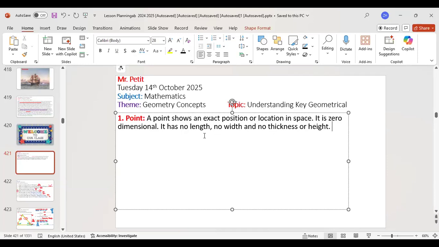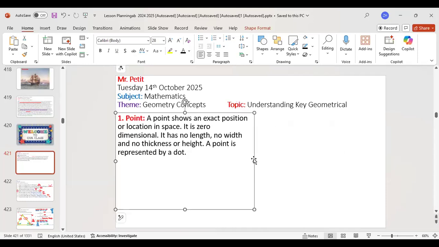How do we represent it? A point is represented by what? By a dot, right? So that's very important. So that's the first thing.